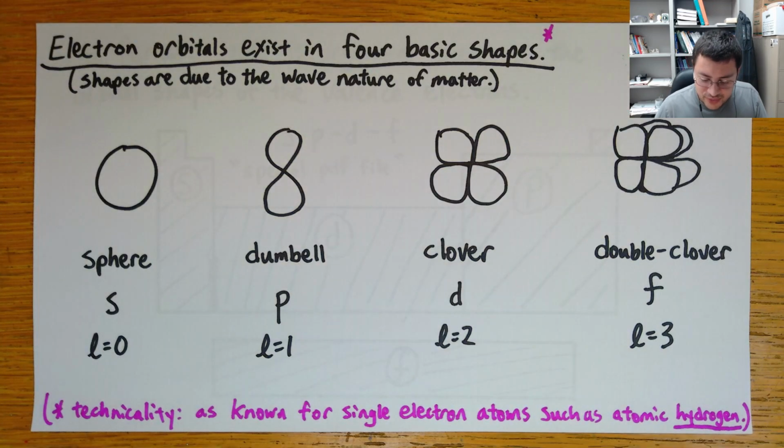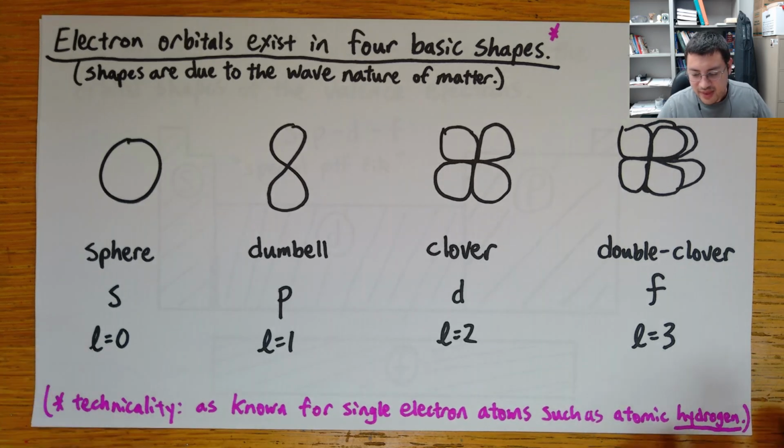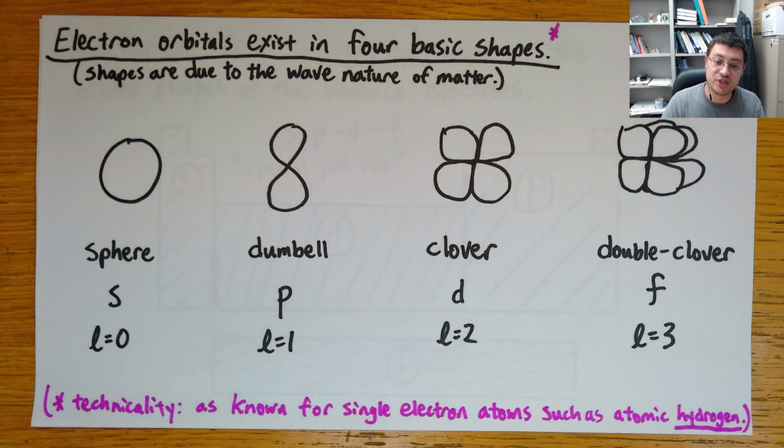All right, so this is where I think it's kind of cool and weird. The sphere is kind of an intuitive shape, all right? And when you're starting out describing electrons, let's say we're talking about the most simple atom possible, a hydrogen atom, you get these sorts of shapes, all right?